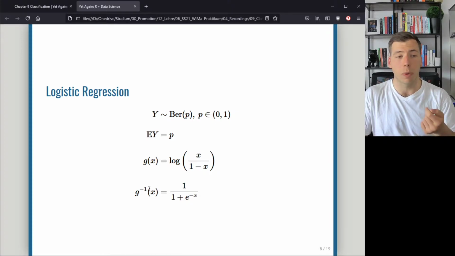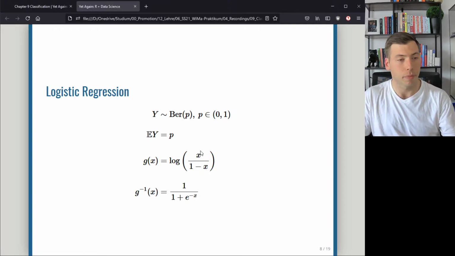And the link and response functions that are used in this logistic regression are given here. So this here is the logistic function that you've just seen. This is the response function, and the link function is the so-called logit function, which is given as stated here.